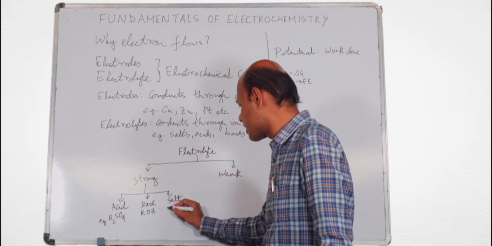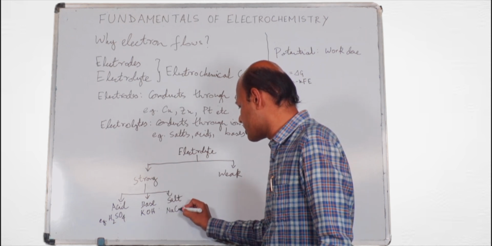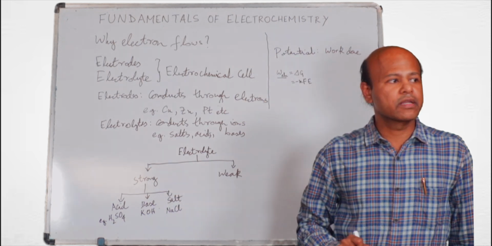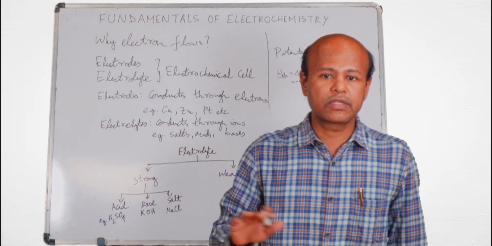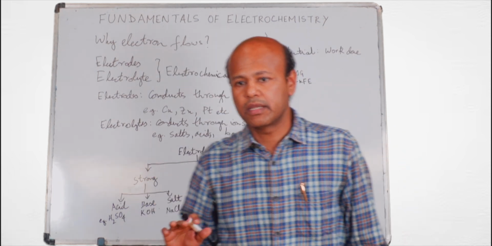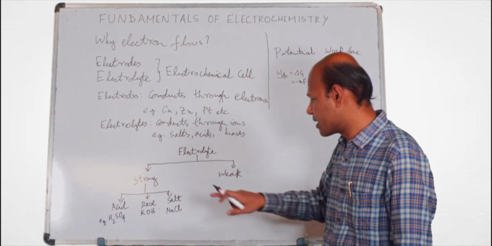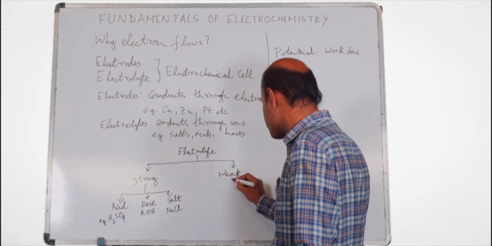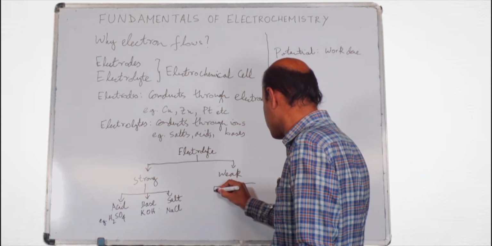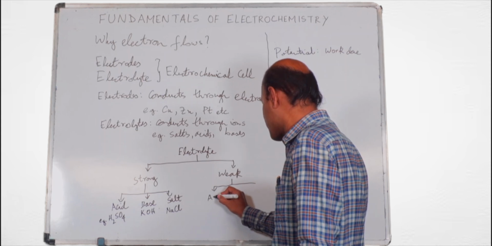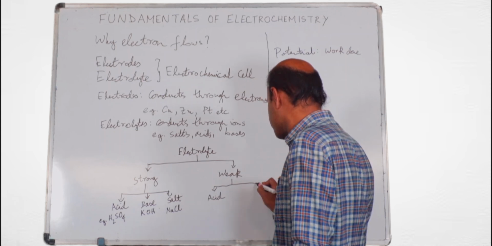Similarly, a salt I can write as NaCl. Sodium chloride is a salt which dissociates almost completely into sodium ion and chloride ion. Let us come to the weak electrolytes. Here also we have acids and some bases.